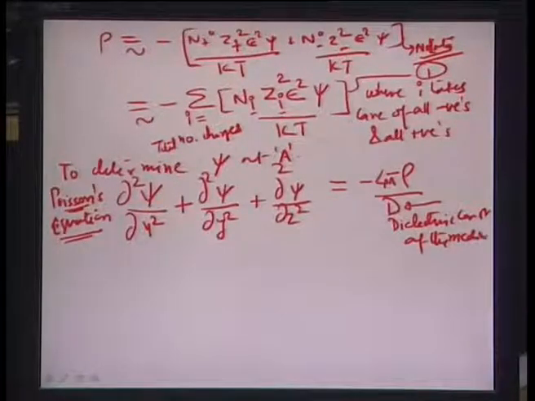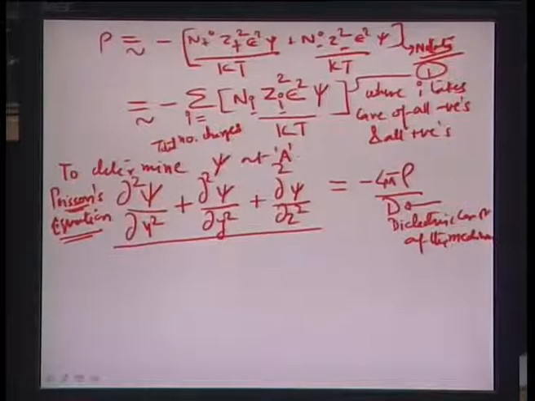So, essentially the Poisson's equation is a relationship between the variation of the potential function with respect to all three coordinates, and the charge density of the atmosphere of which phi is to be considered.